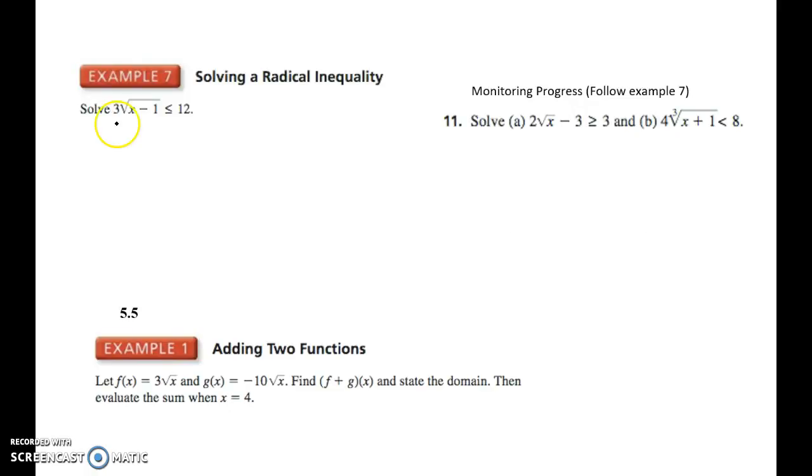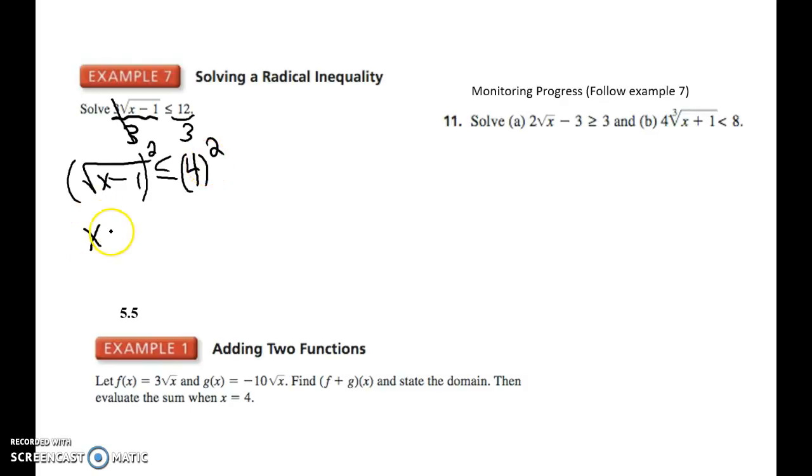Okay, first step here is we want square root of x minus 1 all by itself. So we want to get rid of this 3. So I'm going to divide both sides by 3. Then I'm left with the square root of x minus 1 is less than or equal to 4. And now, just like we did before, square both sides.